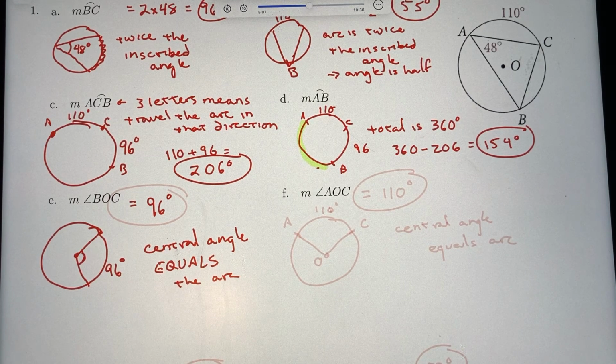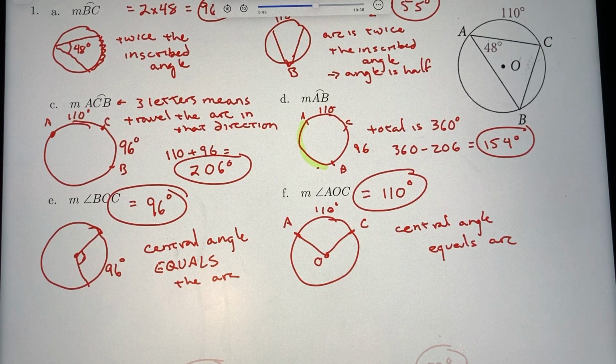Sorry, AOC, not AOB. Hold on, let me redraw the picture. Okay, I was starting to draw AOB. Sorry. And so it's 110 degrees of arc, and that means the angle through the center is also 110 degrees. Again, please circle. Thank you.